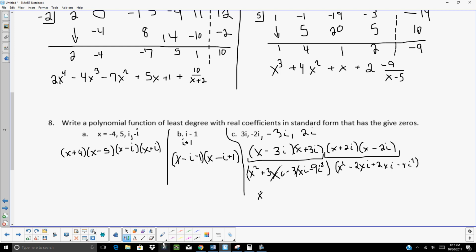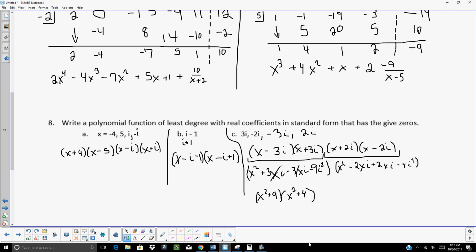Now let's make that x squared look a little better. x squared plus 9, because a negative times a negative is going to give me a positive. x squared plus 4. Now we get to FOIL that together one more time.